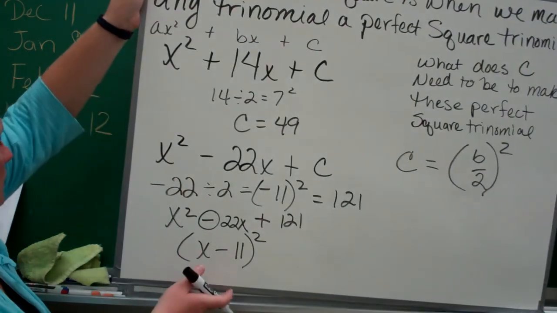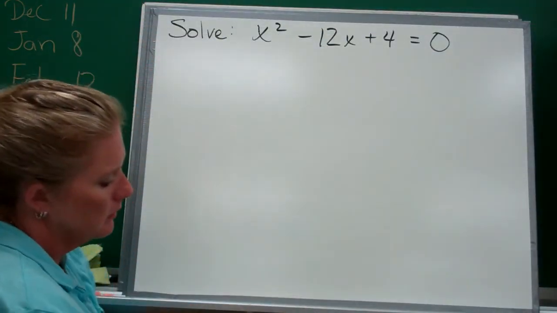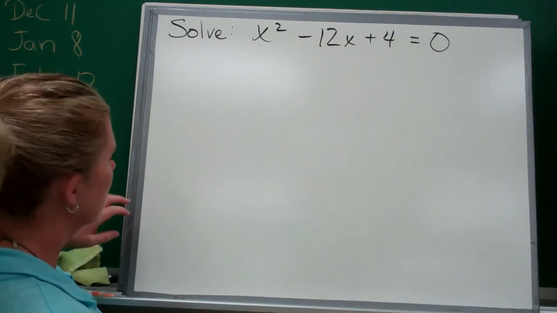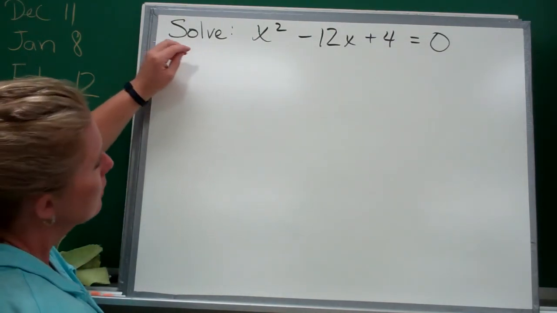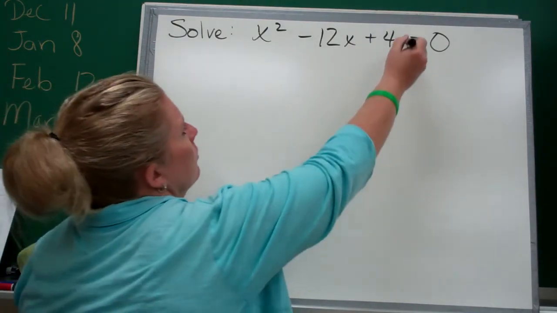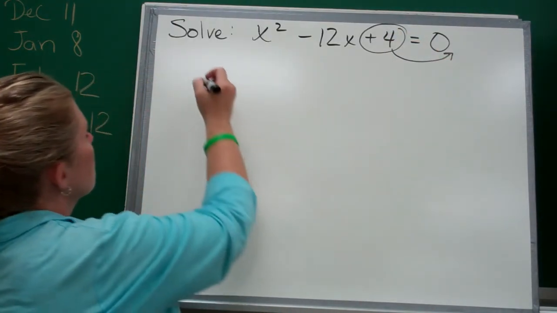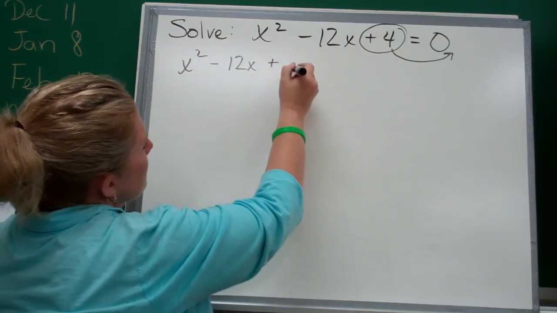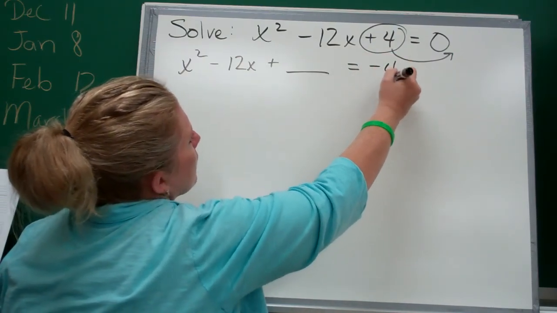So, let's use this method to solve. Once we can complete the square, we can solve any quadratic, whether it's factorable or not. The first thing you need to do, though, when solving, instead of it being equal to 0, we need to move this to the other side. So we're going to have x squared minus 12x plus something equals negative 4.